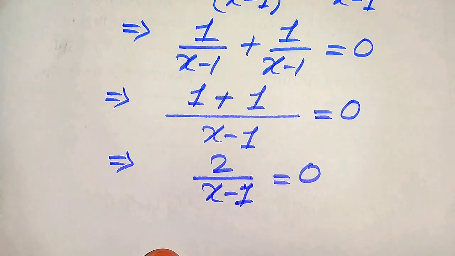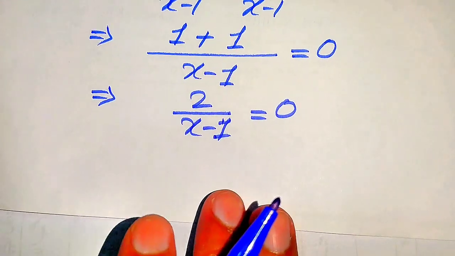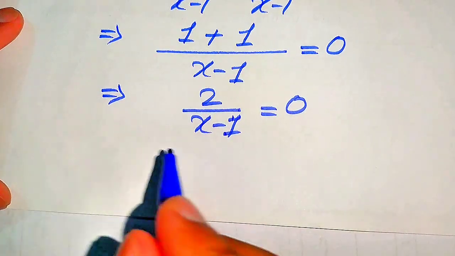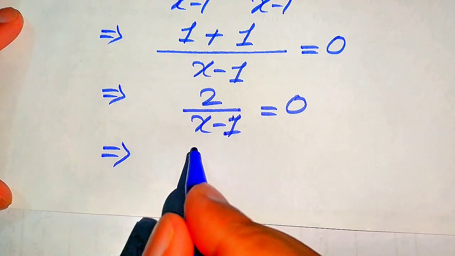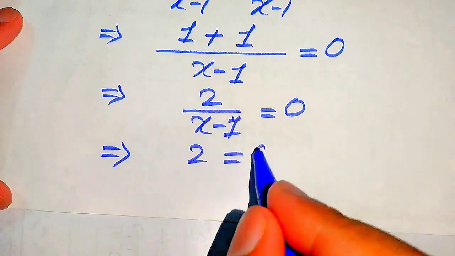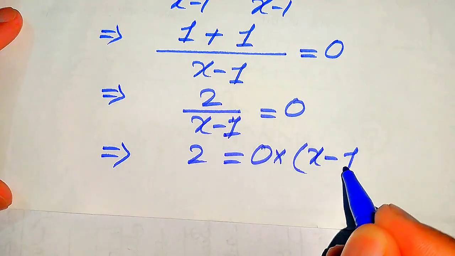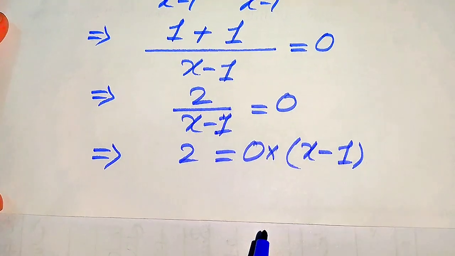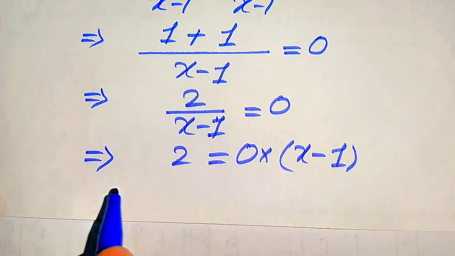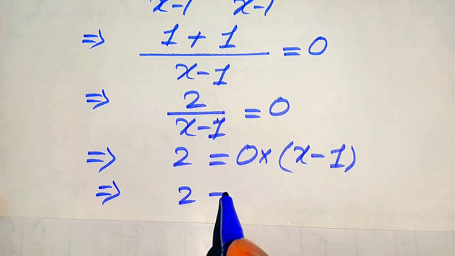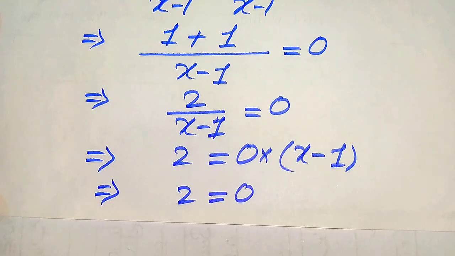Now we move the denominator to the right hand side, and it is written as 2 is equal to 0 multiplied by x minus 1. We know that when 0 is multiplied by any term, it becomes 0. So 0 times this term is 0, and we get 2 is equal to 0.